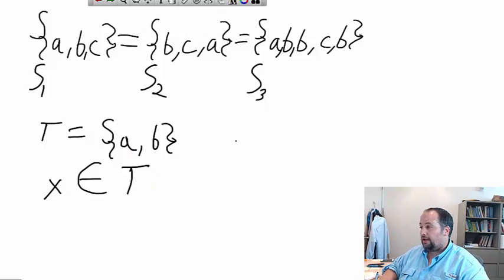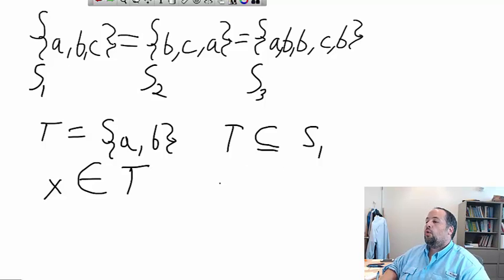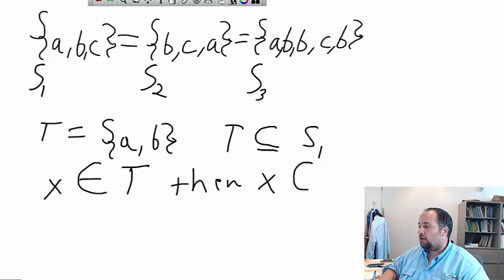If I say T is a subset of S1, what that means is for every X that exists in T, then X must also exist, be a member of S1. That is what this means.